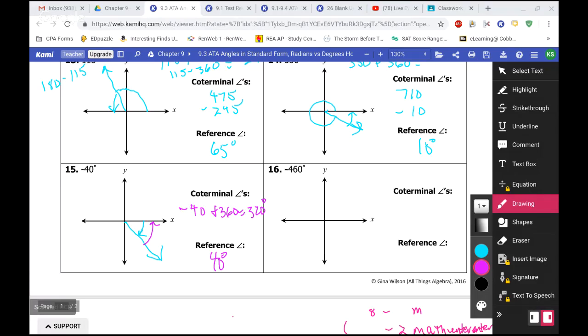But actually, you probably drew a truer 40-degree angle than I did in the fourth quadrant. You just drew it in the first quadrant. When it's negative, you're going to go down. Like given number 16, you're going to go all the way around, hit your 360 once, and then go up a little, and then you're going to go 100 degrees more.